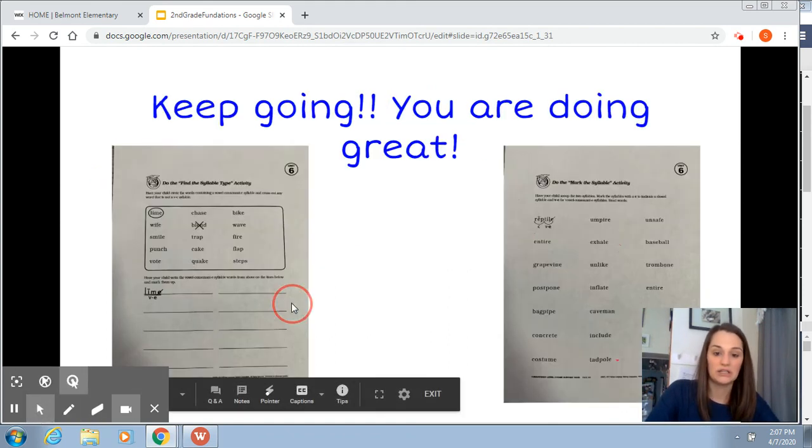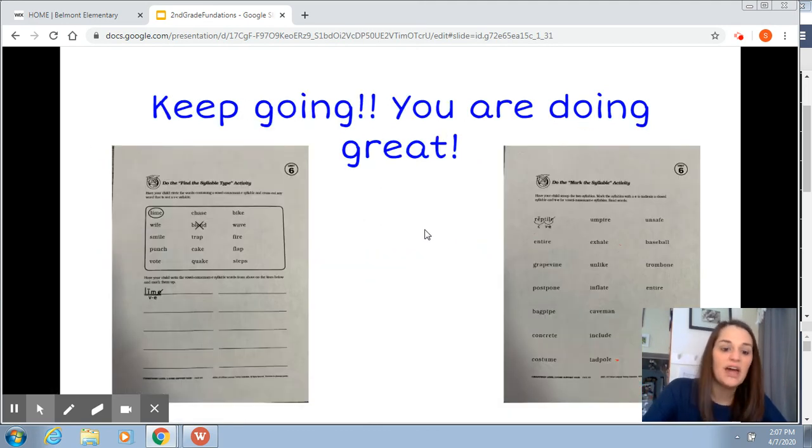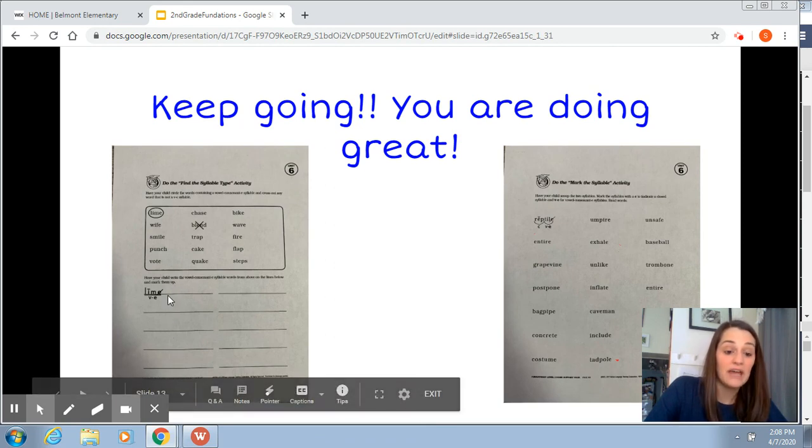I'm going to show you what they look like. They look like this. So it says, keep going, you are doing great. The first one you're going to find in the word bank your vowel consonant E words, and write them down. And then you can go ahead and mark them with the V/E word or syllable marking.